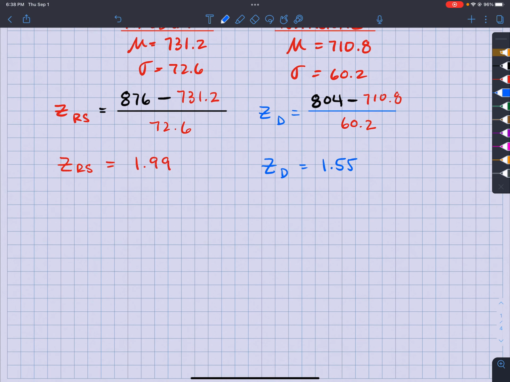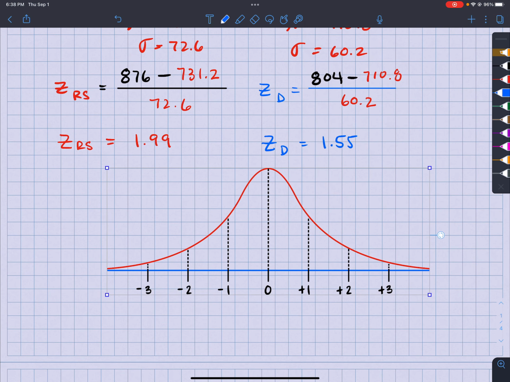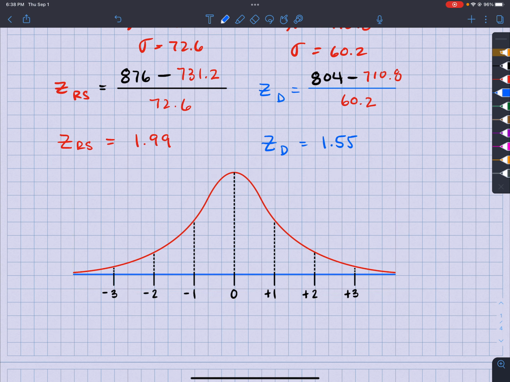So the way I want to look at this is, again, the Z-score is the distance away from the mean, either positively or negatively away from the mean. So obviously the higher it is, the better they did. The lower it is, the worse they did.